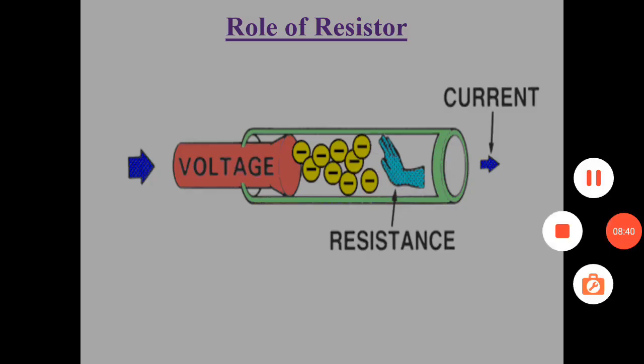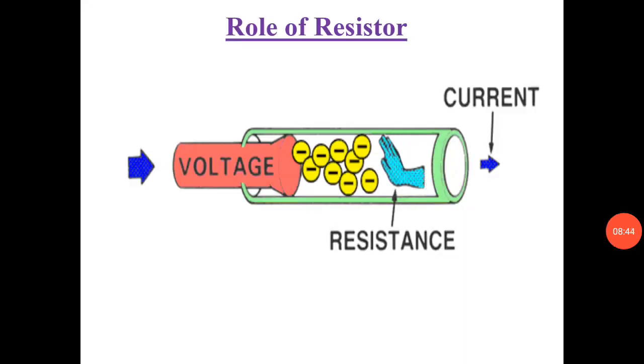And here is another example of the function of the resistor. Here the green color indicates the conductor, and the supply is given, which is clearly shown in the picture, that is the voltage, and obviously on the conductor output side the current is delivered. But in the middle you can see the negative color small balls.